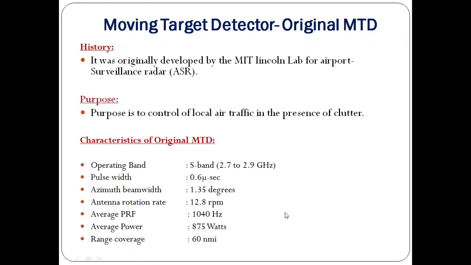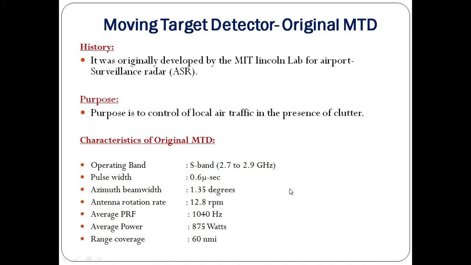And finally, I am interested to show an example of an MTI processing system that will produce improved detection of moving targets in the presence of clutter, and it is normally referred to as the original MTD.